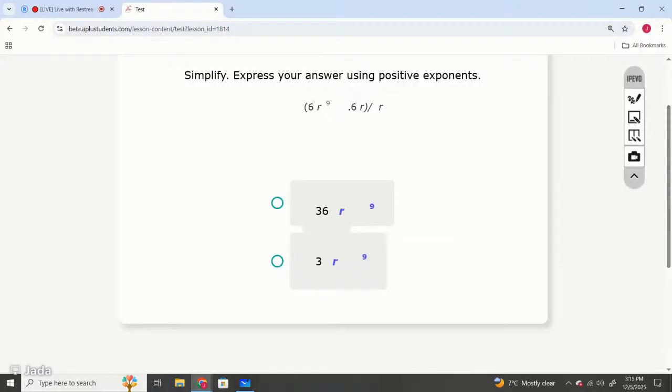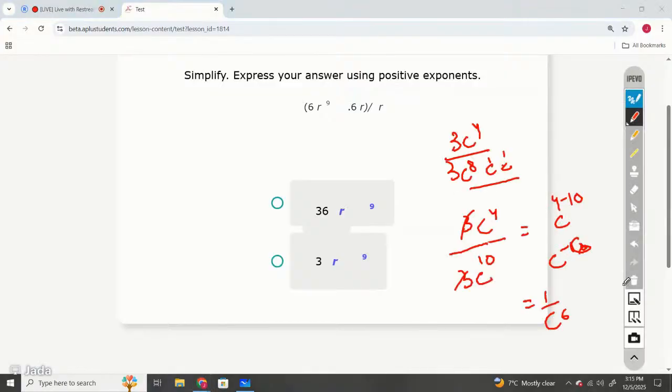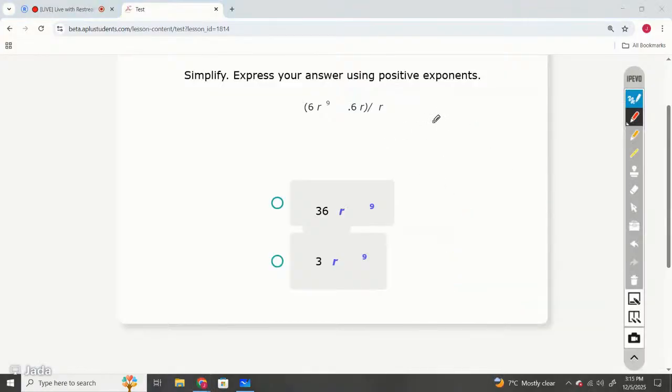Simplify 6r9 times 6r. Multiply the numerators. That is 36 r10 divided by r, right? Just subtract the exponent of r.